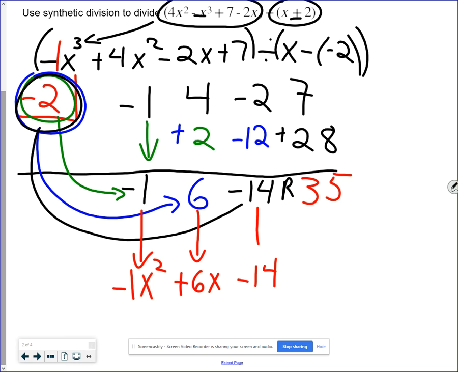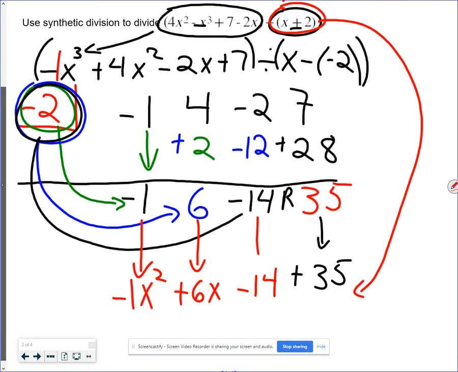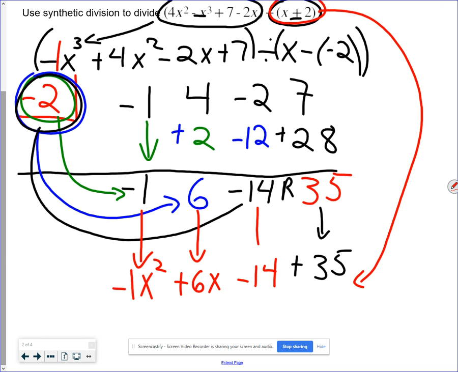We can write it the same way that we did in long division. So I'll drop it down, plus 35, and we'll put it over what we divided by. So this x plus 2, we'll put it on the denominator of our remainder. So plus 35 over x plus 2.